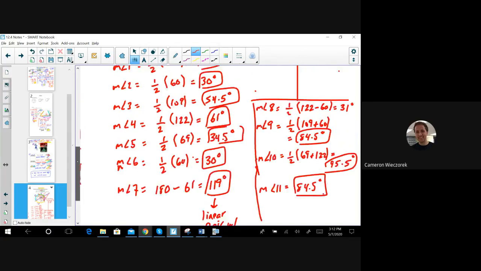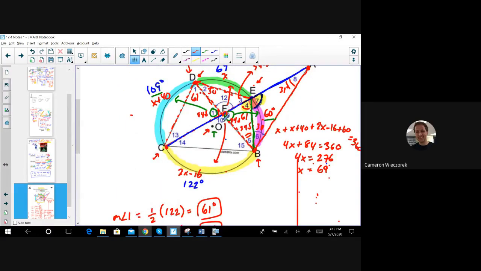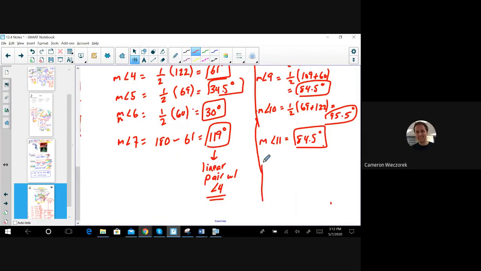Angle 12 is vertical to angle 10, and hey, we already found angle 10 was 95.5, so angle 12 also has to be 95.5. I just used vertical angles for that. You'll make a comment here. Vertical angle to angle 9. And this was a vertical angle to angle 10.